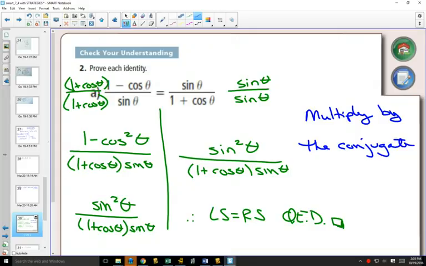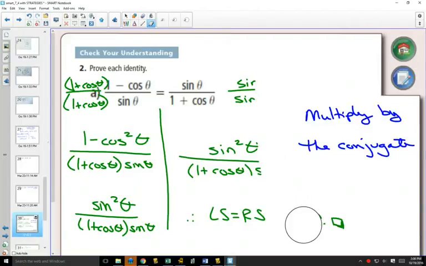Now, build the other side uses words that you know and you've used in regular everyday life. Multiply by the conjugate uses one word that you don't hardly ever use. Conjugate. Do you know what a conjugate is in math? It's like the same binomial with the sign different.